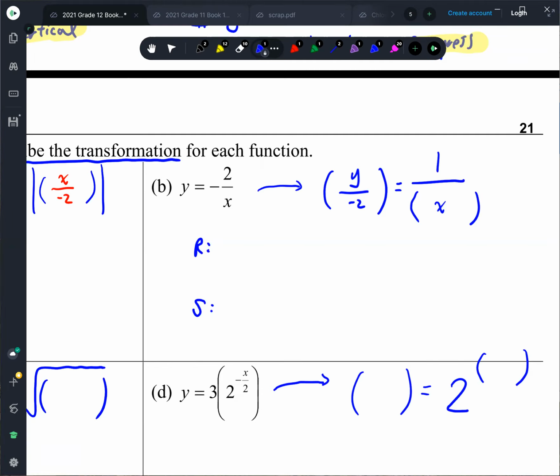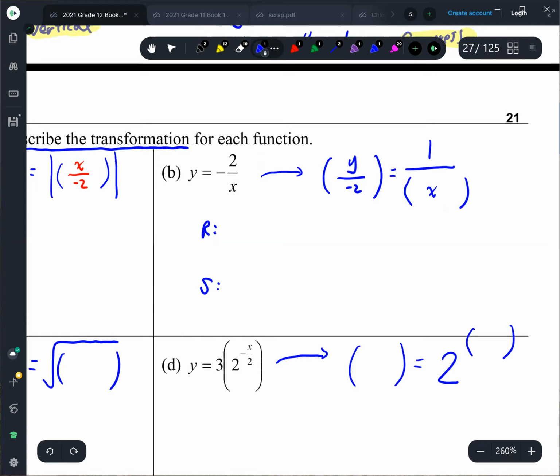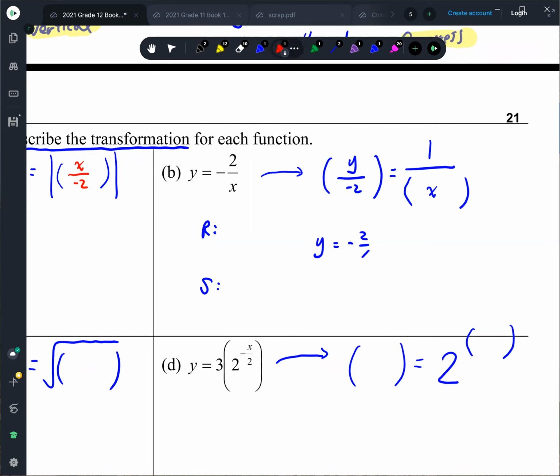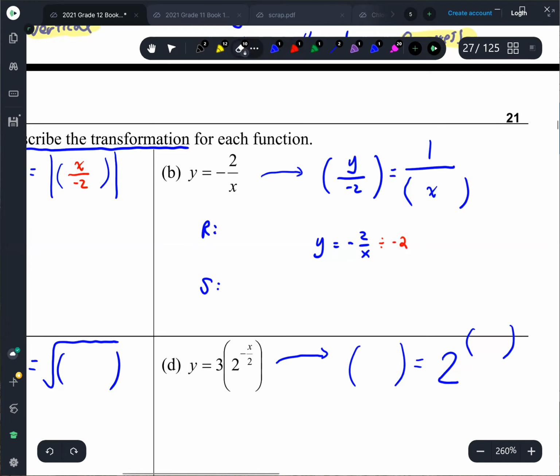If we show the steps, here's the original question: y equals -2 over x. If I divide both sides by -2, the left side also gets divided by -2.